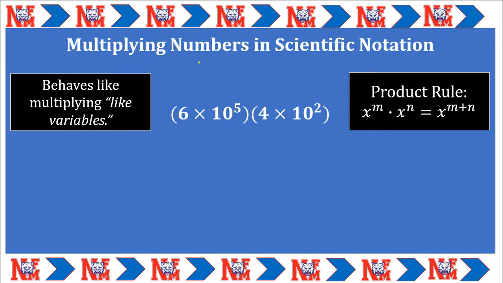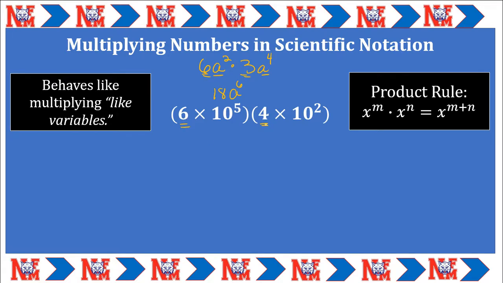And what I mean by that, let's say we have 6a squared times 3a to the fourth. So we're going to multiply the coefficients and get 18, and then we're going to apply the product rule to our variable and say a to the sixth. This acts the same way, where we have our coefficients, just like we had 6 and 3 up here.